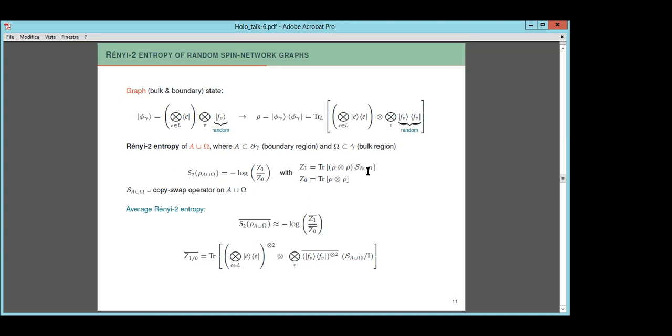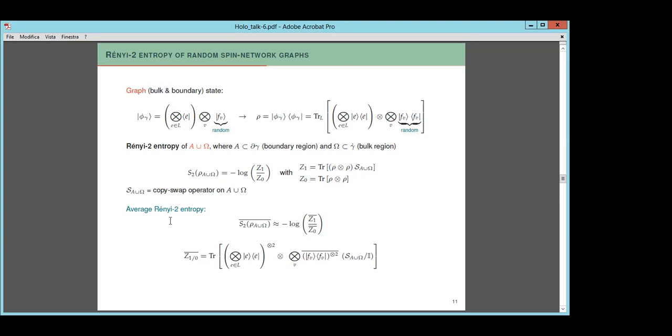And then in Z1 we have this operator, which is an operator swapping the two copies of the Hilbert space of the region we are looking at. And this swapping on the two copies allows to perform the partial trace for the entropy.